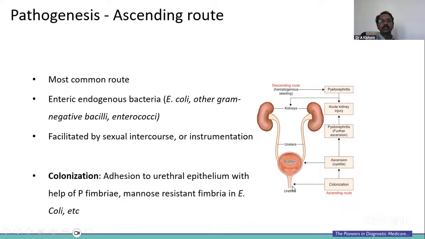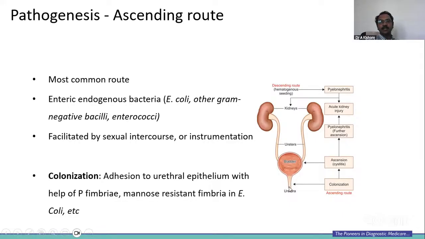They try to enter the urethra, facilitated by sexual intercourse, instrumentation, or unhygienic methods. They can enter through the urethra, ascend towards the bladder, and cause the urinary tract infection.